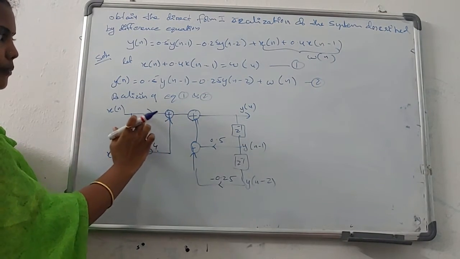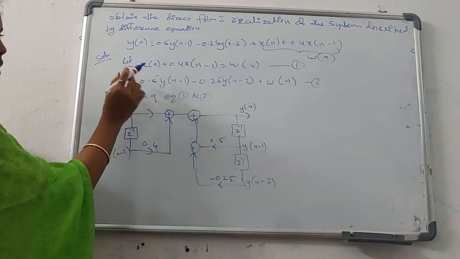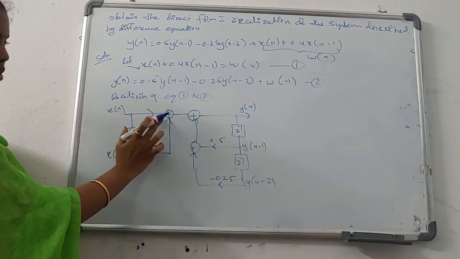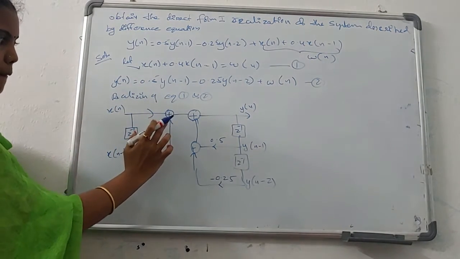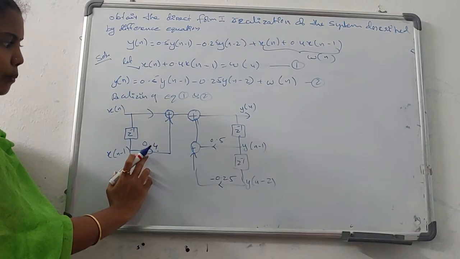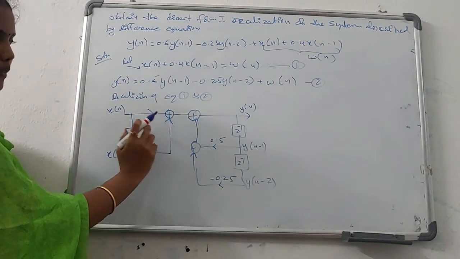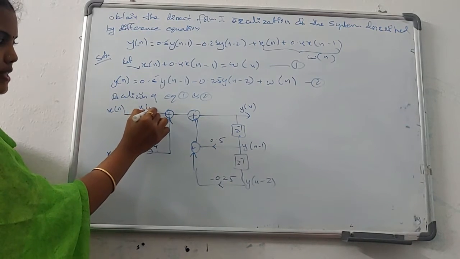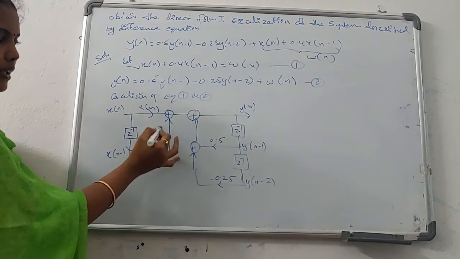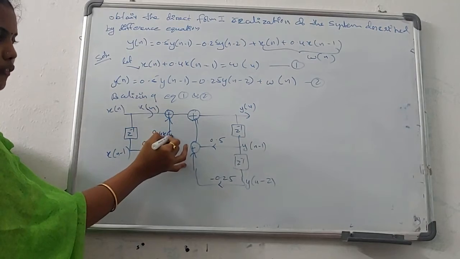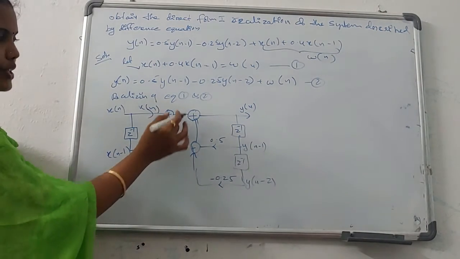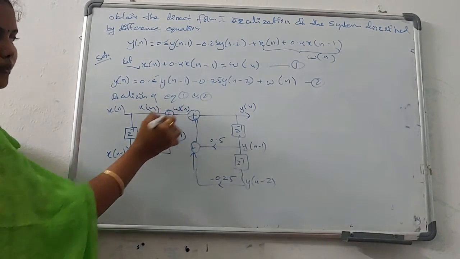Here the value is x of n plus 0.4 into x of n minus 1, which is equal to w of n.